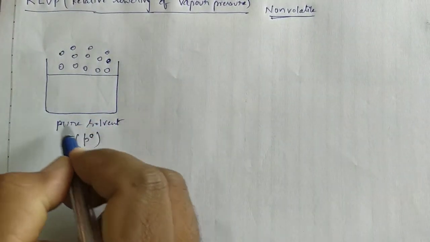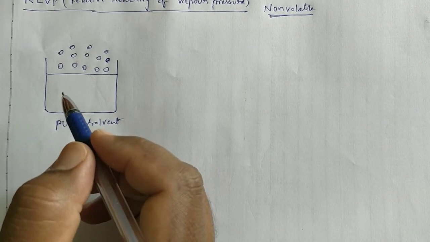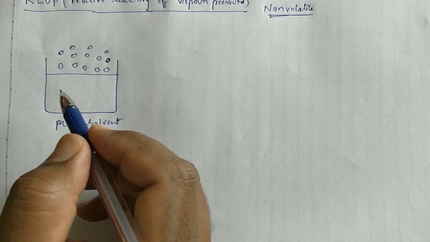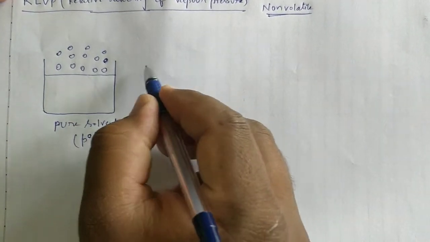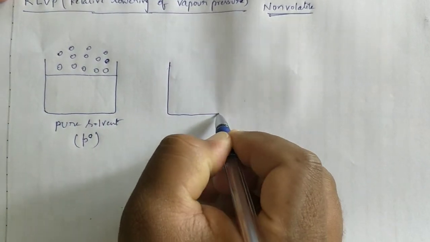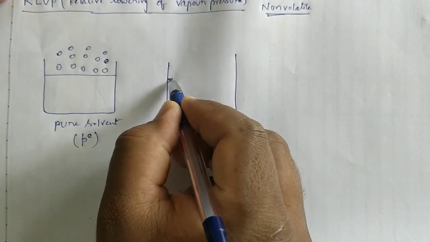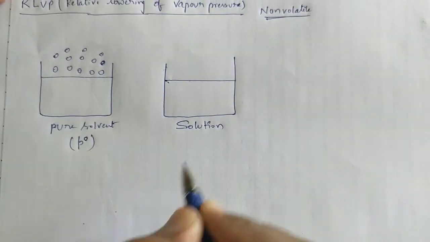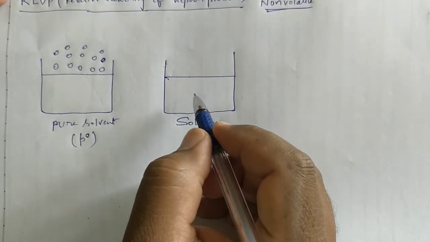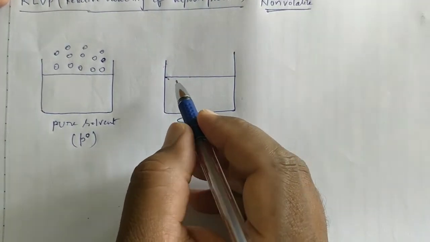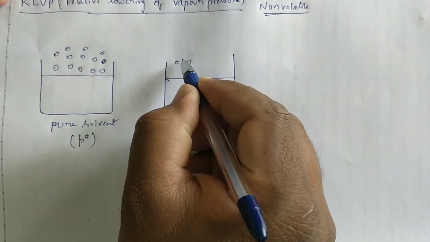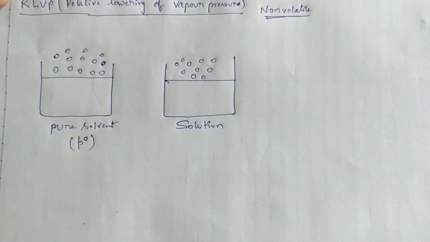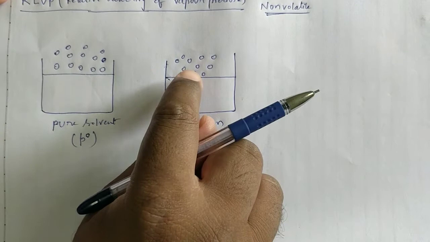Now I have already taken pure solvent. To this we want to add a solid which has no chance of escaping into gaseous state. So I add it to this solvent and prepare a solution. After the preparation of solution, even gas molecules are observed.